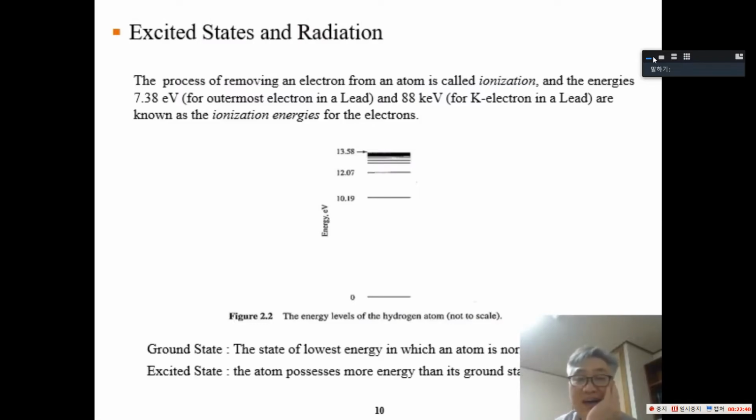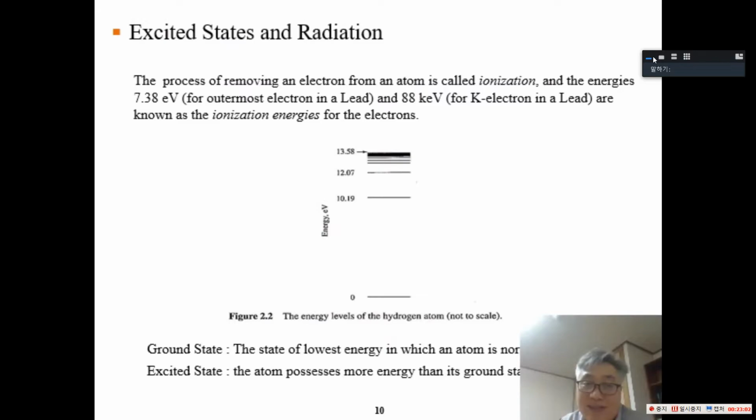When the electron stays at the innermost orbit, we call it ground state, 기저 상태.